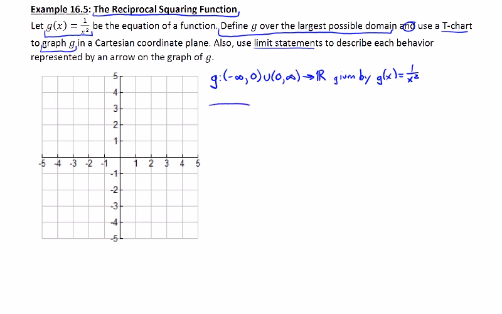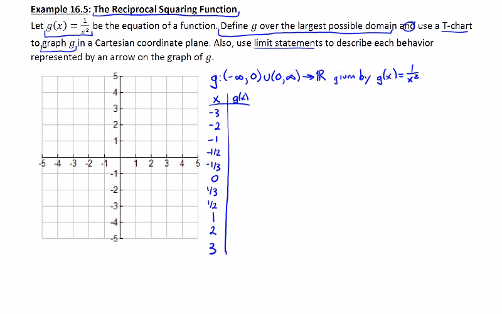Now we would want to go through and make a table, and we'll have x, g of x values, and I figure we might as well use the same x values that we did on the reciprocal function. If we don't need as many, then we can always not plot as many, but we'll start off with this.